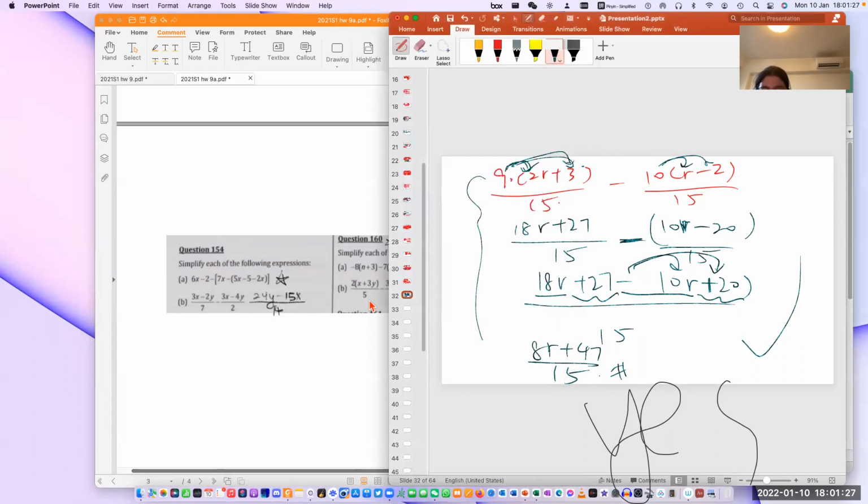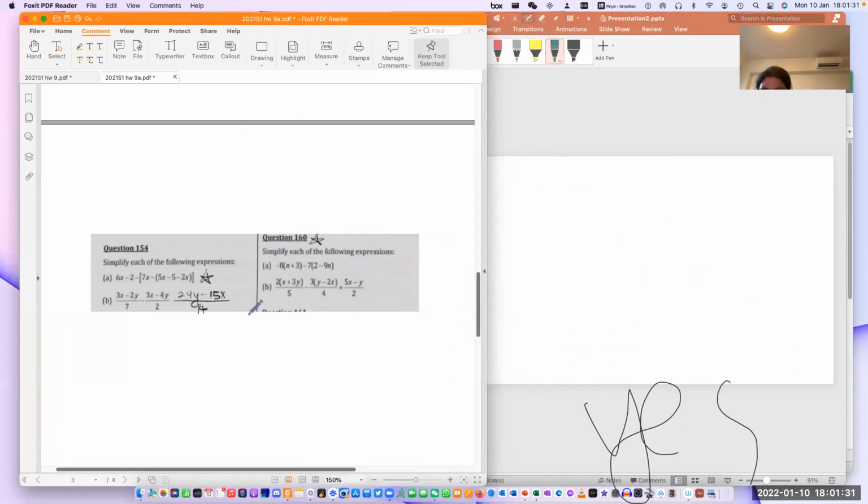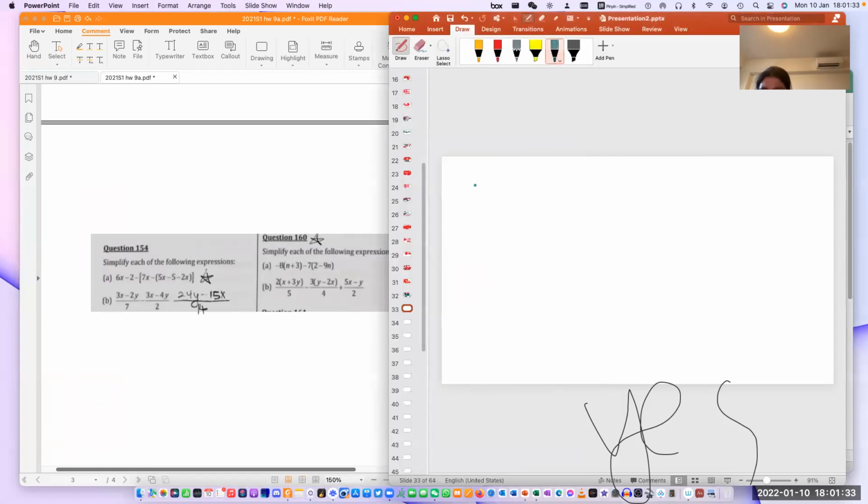This should be quite easy, but I think it's very complicated. It should be quite easy, like part A. When you have this medium bracket and this small bracket, you do the small bracket first. I hope you know. Of course, before that, you need to underline similar term.